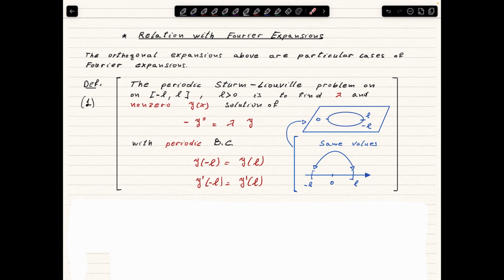So essentially this periodic Sturm-Liouville problem is nothing more than a Sturm-Liouville problem on a circle. We convert this into a circle because we are saying the values of the function here and here are the same, so we are identifying these two points and then we are working on the circle. This is just to help understand why people are interested in these boundary conditions, and this condition makes sense when instead of working on a straight interval you are working on a circle.